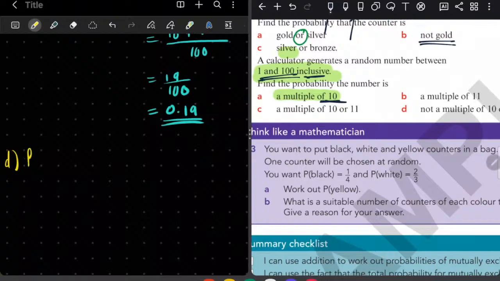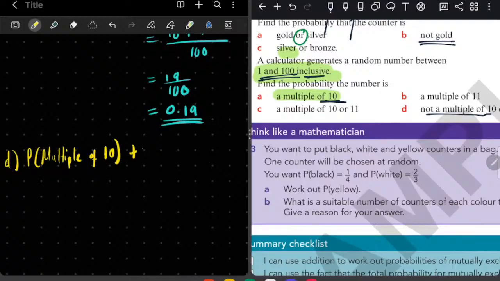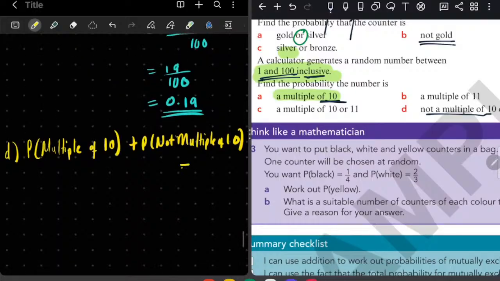We know that when we want to do these ones which say not, we say probability of multiple of 10. Don't let me down on this one. Look closely how we do not. I said it just now, but I'm repeating. Probability of multiple of 10 plus probability of not multiple of 10 should add to give you what? They two should add to give you 1.